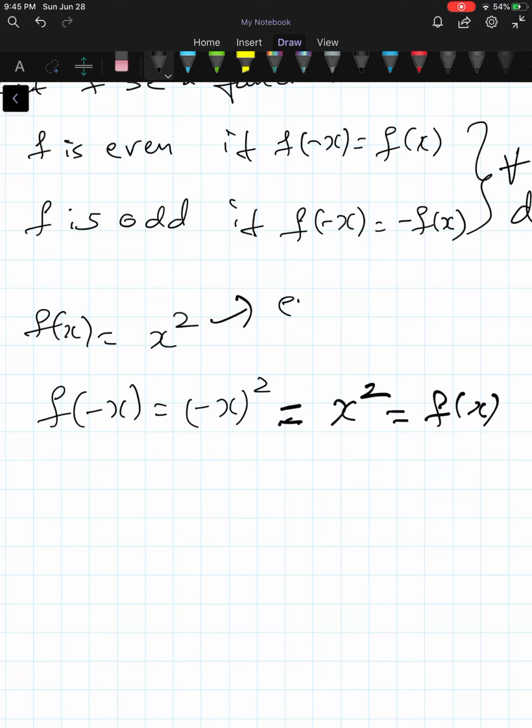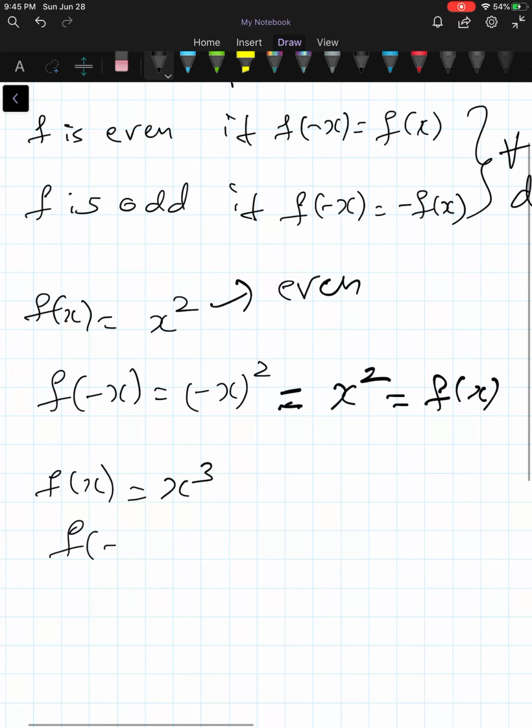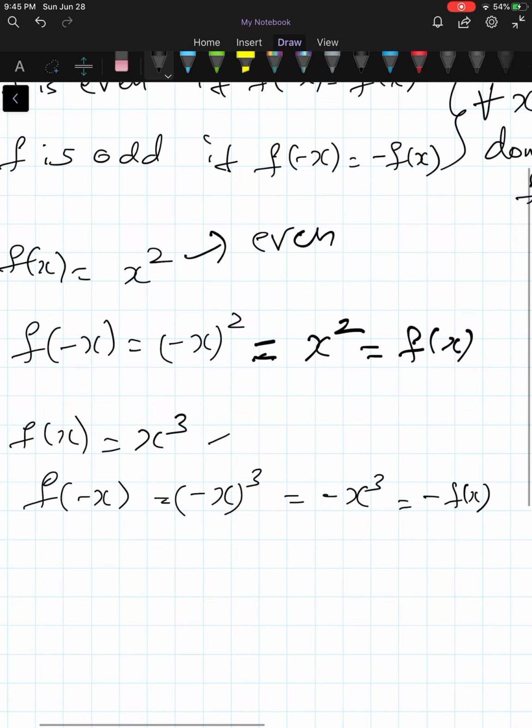So that is nothing but f of x. So this function is even. So if you consider f of x is equal to x cube, here f of negative x is negative x the whole cube, so that would be negative x cube. So this is minus f of x, right? So the given function is odd.